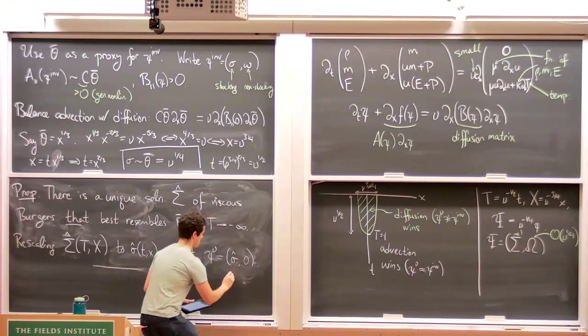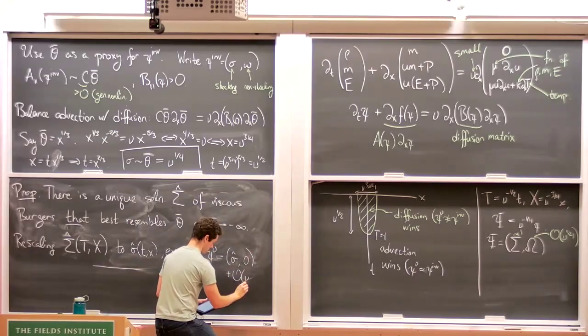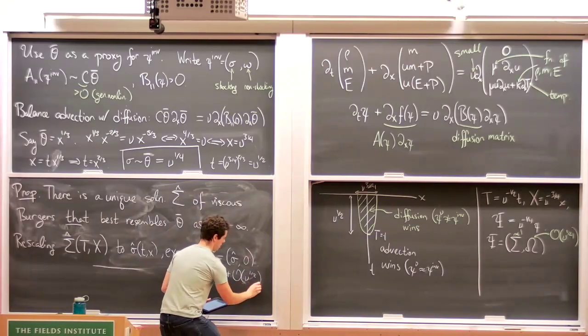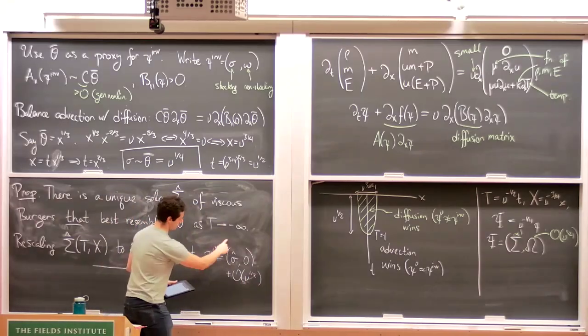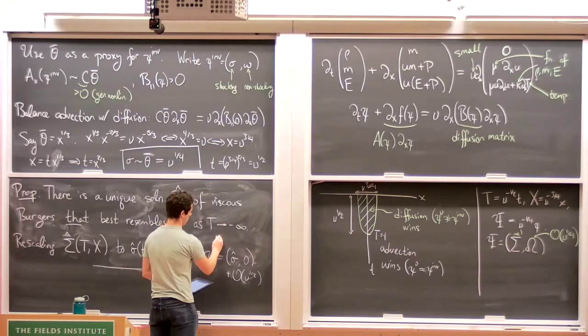And I could be a little bit more precise. I could put in error of size nu to the 1/2 that I'm not tracking here. And this should be true in the inner zone.